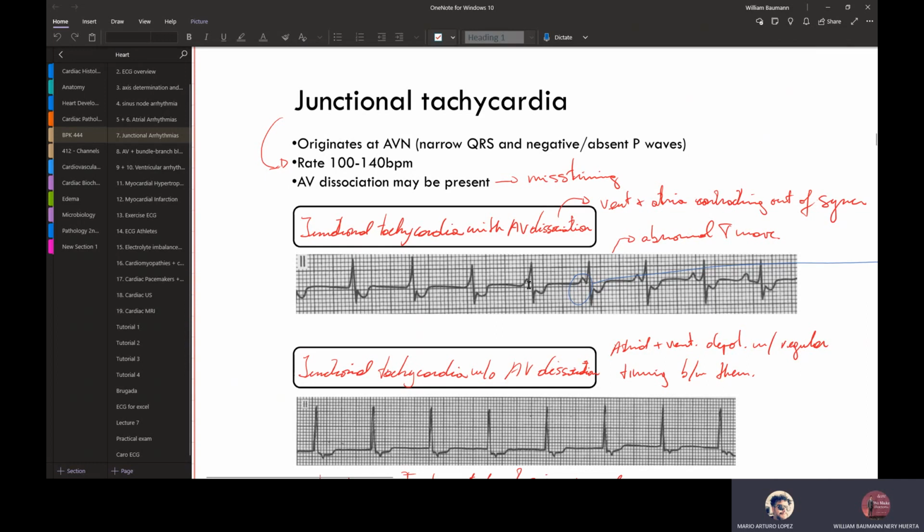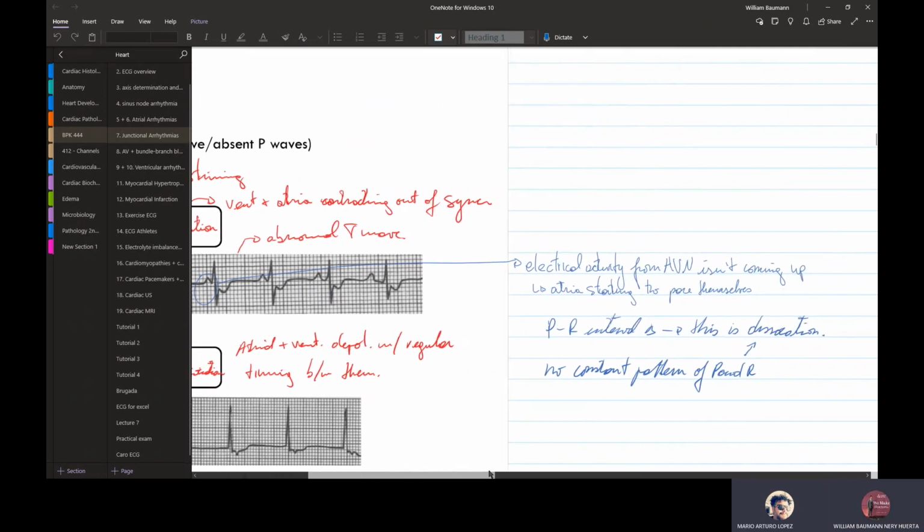Here we see a premature P wave. Here we see another P wave that is different from this one. And here you see another one, and another one, and another one, but the PR interval is longer.